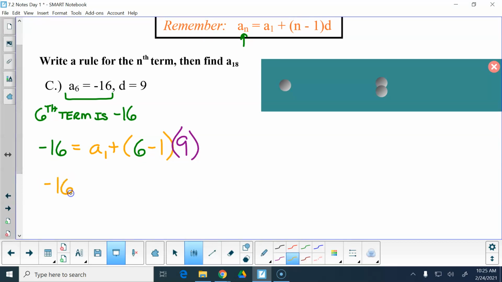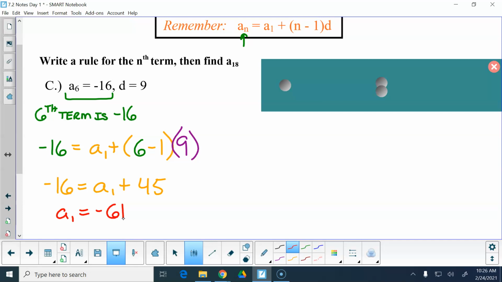So negative 16 is equal to a sub 1 plus 45. Subtracting 45 from each side, I get the fact that a sub 1 is, what would that be, negative 61? Yeah, negative 61.